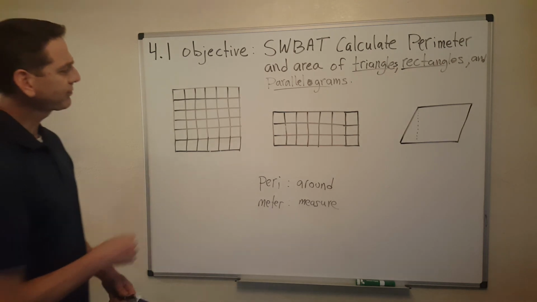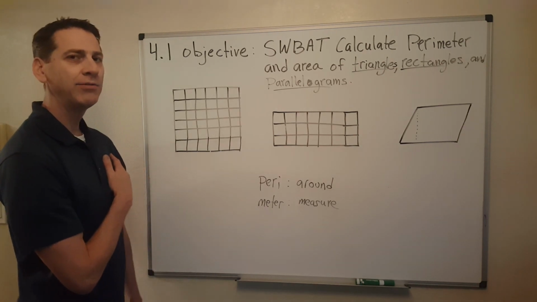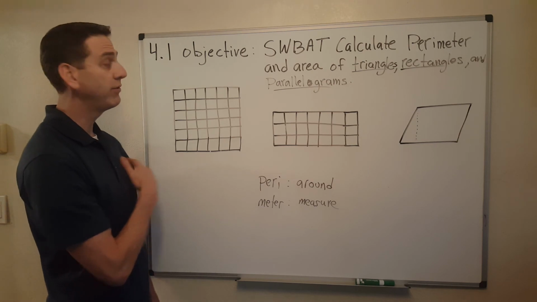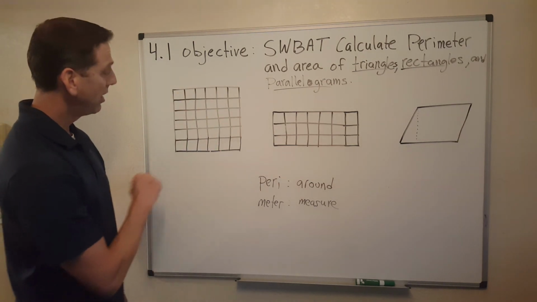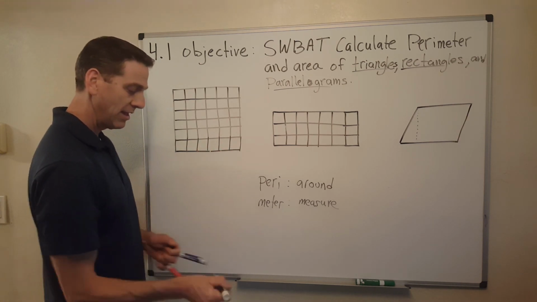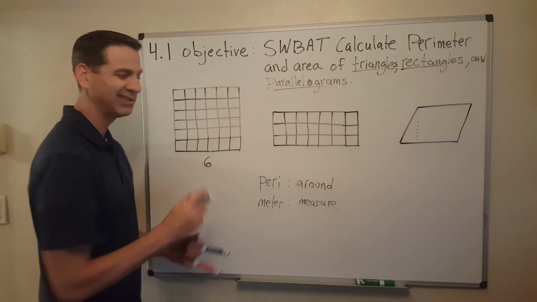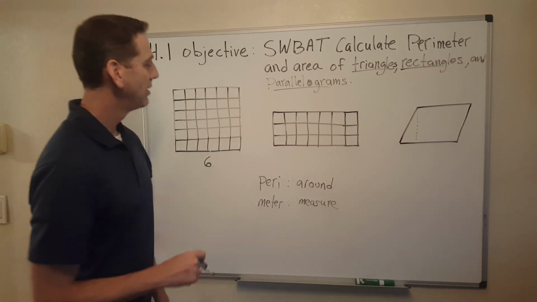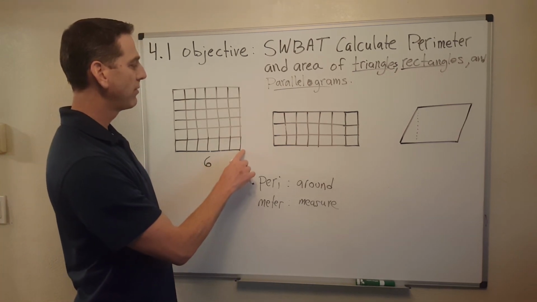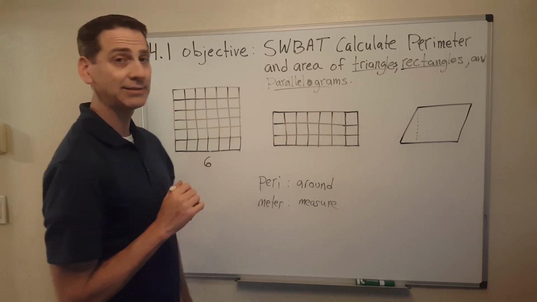And let's see what are the units of the length and the width of this rectangle. All right, so we can just count 1, 2, 3, 4, 5, 6. So the length here is 6. We don't have any units in this case, it's just 6 units. And what's going to be the width? Well, let's see, 1, 2, 3, 4, 5, 6.